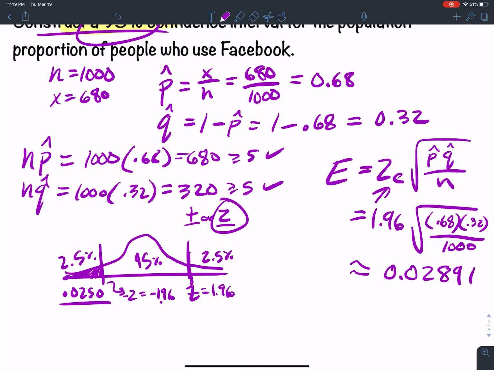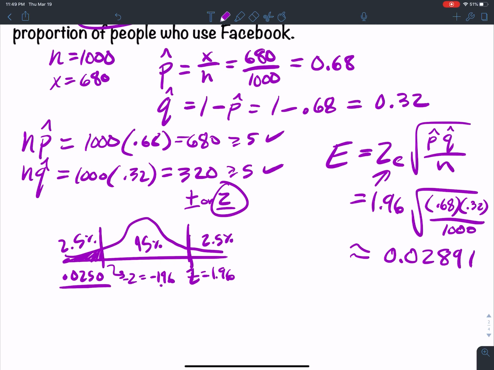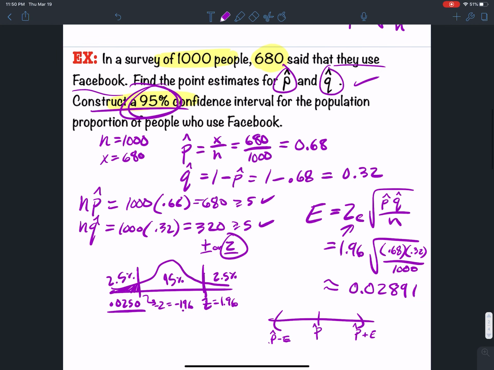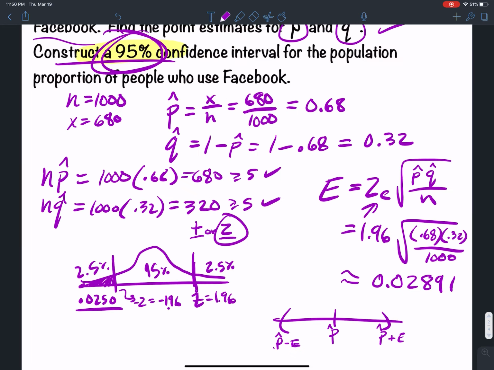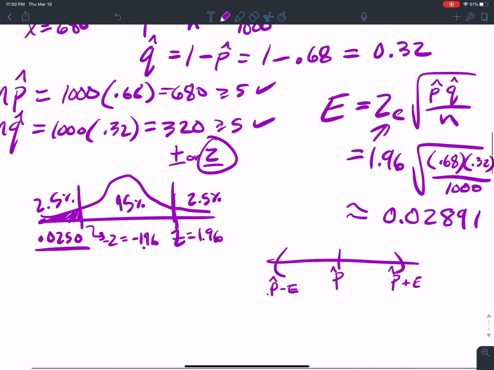So what does this tell me? What's in the middle of my interval? The middle is the p hat, right? And then I have p hat plus my error and p hat minus my error. I want a 95% confidence interval, and I've got my error already, so all I have to do is type it in. My p hat is 0.68, that's in the middle.